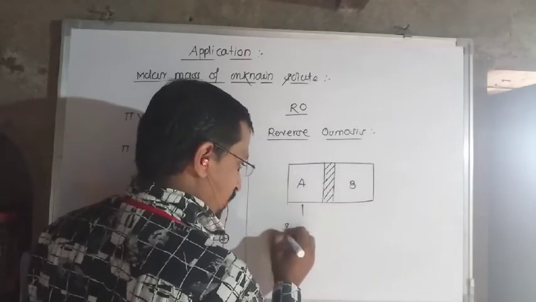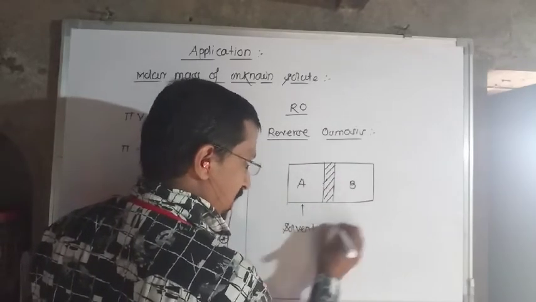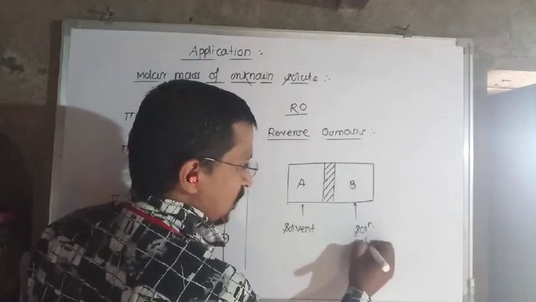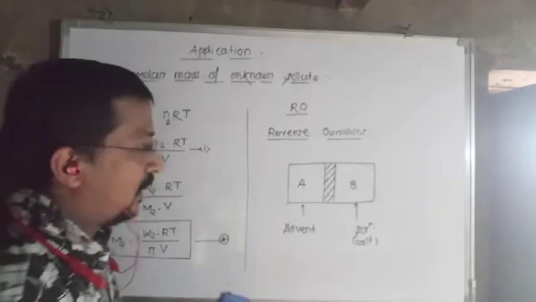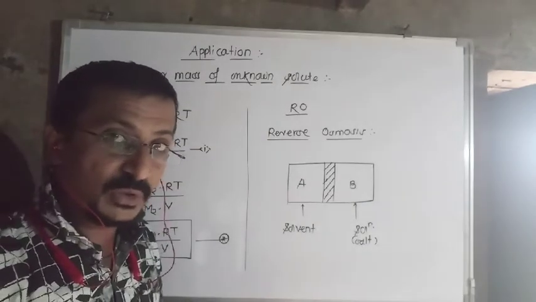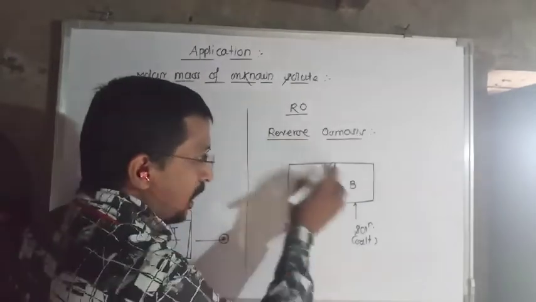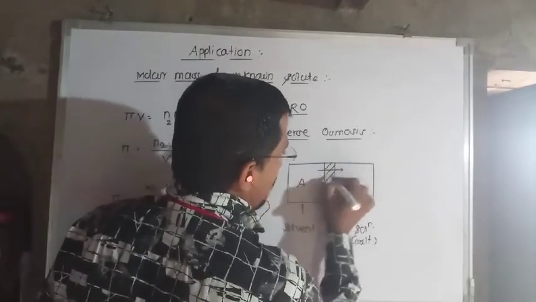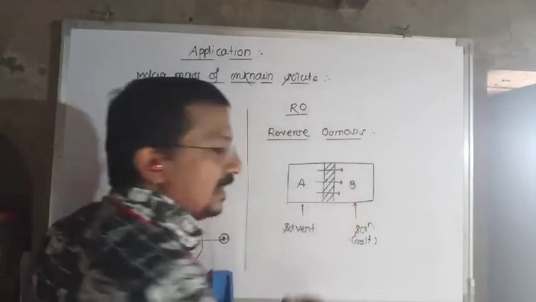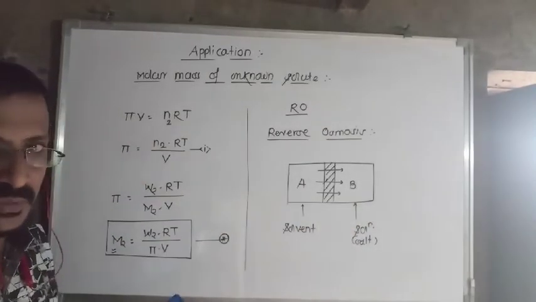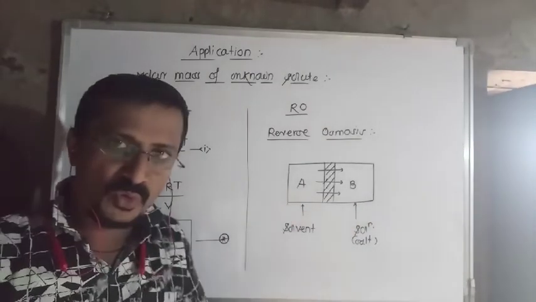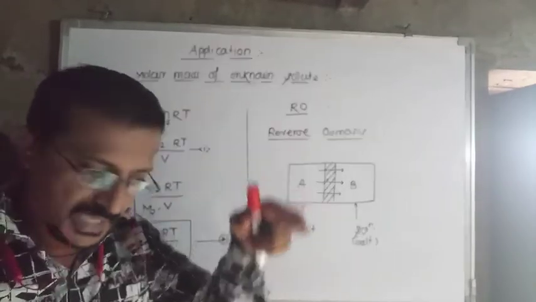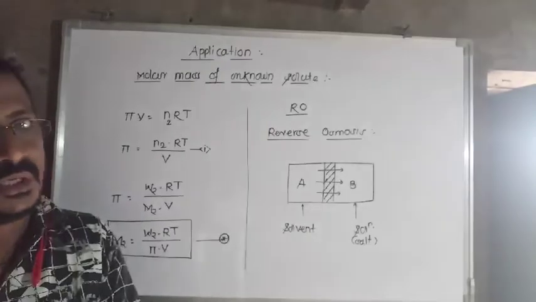In the A compartment there is solvent, and in the B compartment there is a salt solution. In regular osmosis, solvent molecules move from the A compartment to the B compartment. It is a unidirectional, continuous flow of solvent from the dilute solution to the concentrated solution.